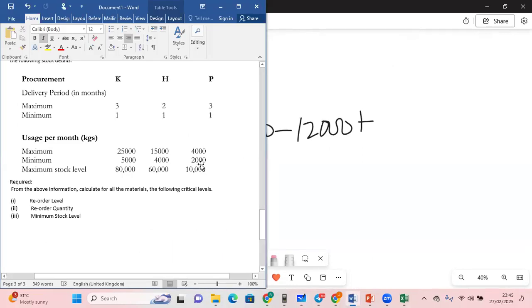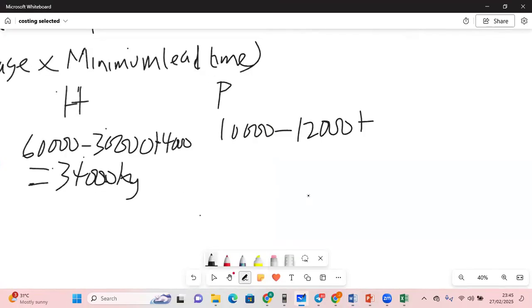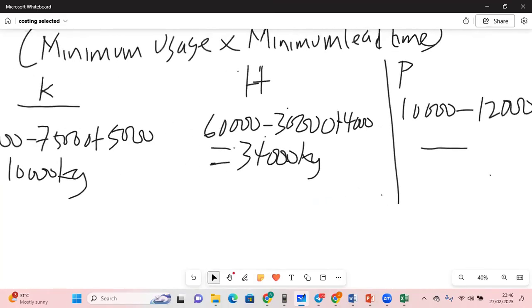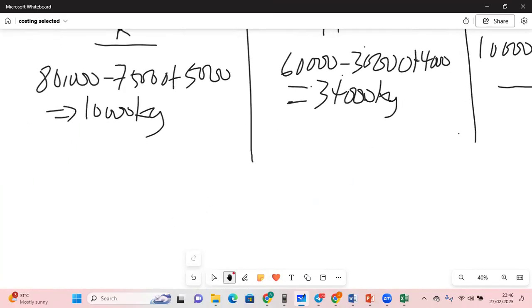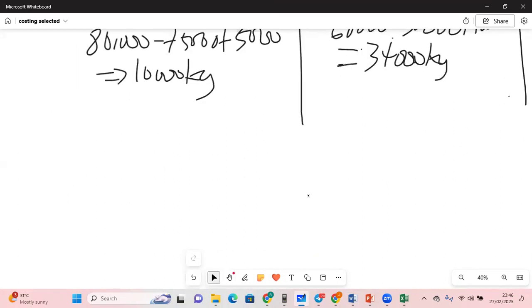Minimum usage is 2,000. Minimum lead time is 1. So we are going to get plus, and here is going to give us dash, plus, let's say 0. Now we are done with the second.